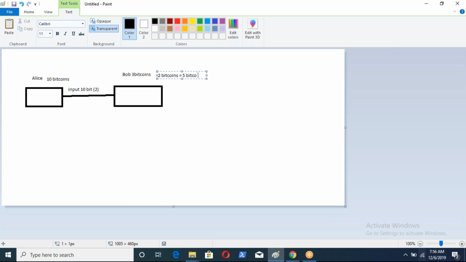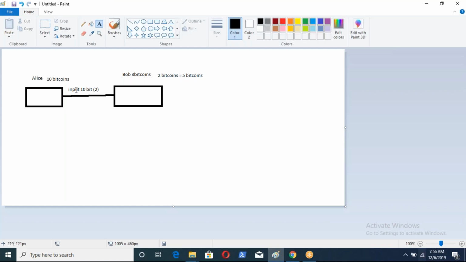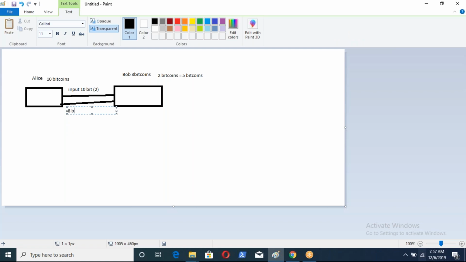The 10 Bitcoins Alice gave as input: 2 Bitcoins were spent and sent to Bob, and the remaining 8 Bitcoins will be transferred back to Alice's account. So we will again have 8 Bitcoins, with a new address.